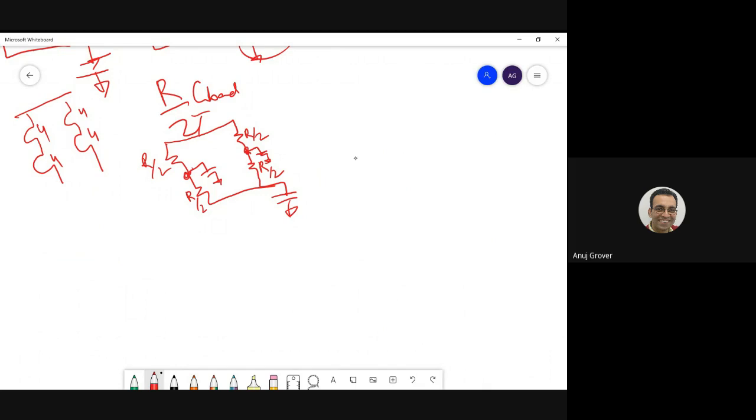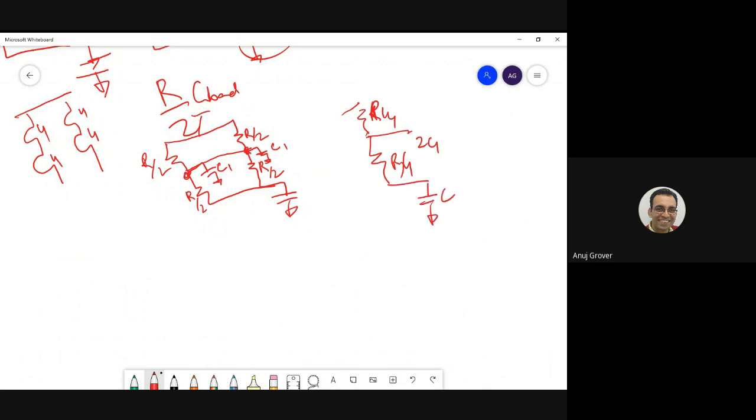So you will say that okay, they are in a way shorted. So then you will simplify. Okay, then this is R by 4. This is, let us say, C1, this is 2C1, and then there is another capacitance R by 4, and then output.